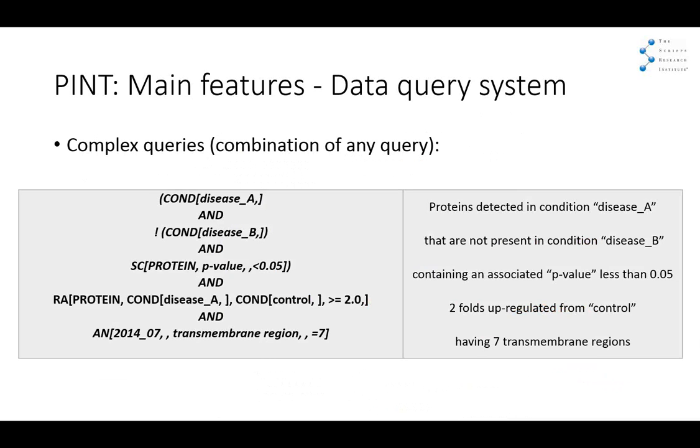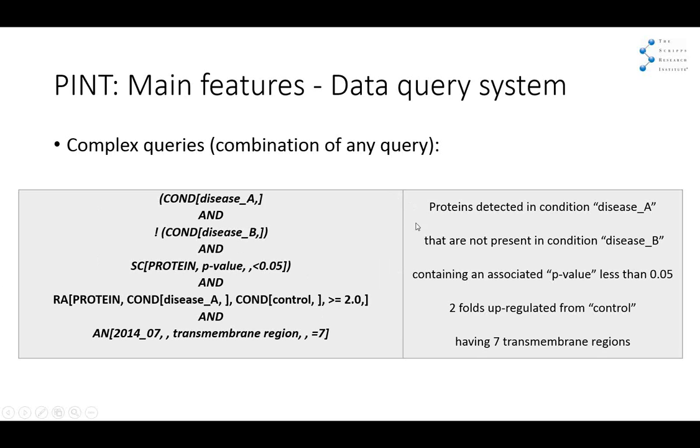And then we can combine several commands like in the MIQL that was presented before. So we can use the logical operations and the not, for example, here, to make complex queries like this one.